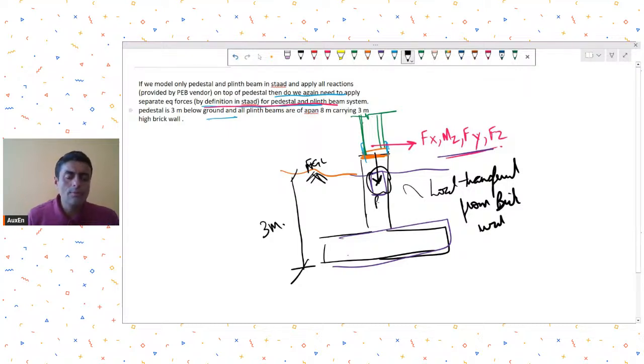Other than that, no need to consider the EQ forces for plinth beams and pedestal. Why so? Because they are below ground, so you can safely assume that they are going to have no inertia. They will vibrate with the ground. Therefore, we are not considering the EQ forces on plinth beam and pedestal.